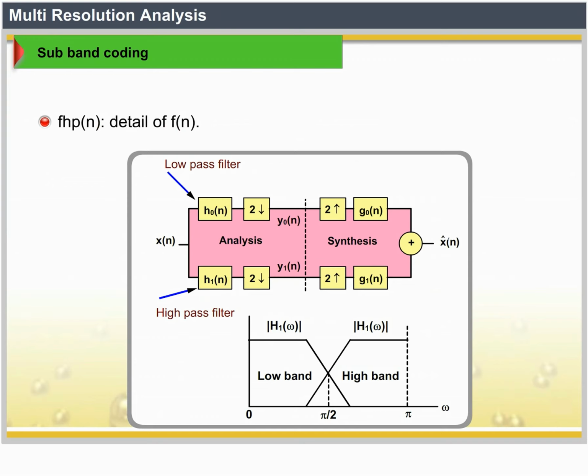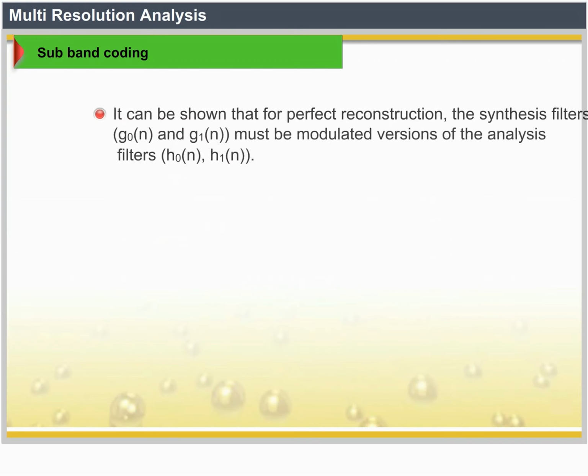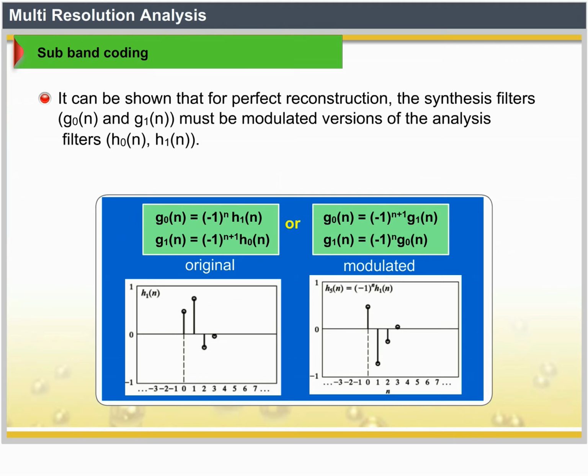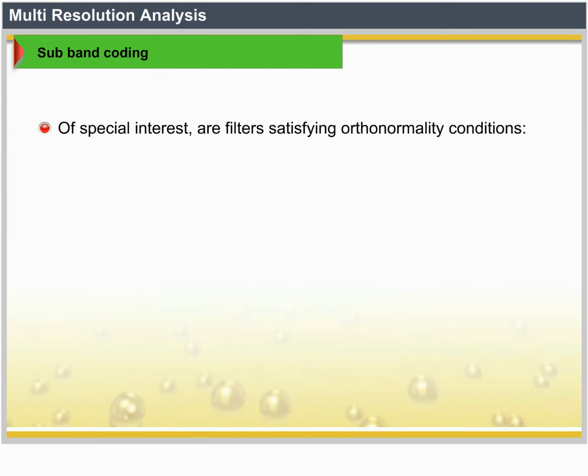It can be shown that for perfect reconstruction, the synthesis filters G0(n) and G1(n) must be modulated versions of the analysis filters H0(n), H1(n). Of special interest are filters satisfying orthonormality conditions, as shown.